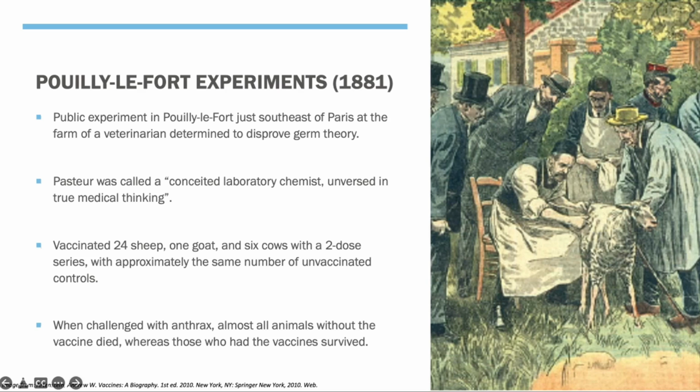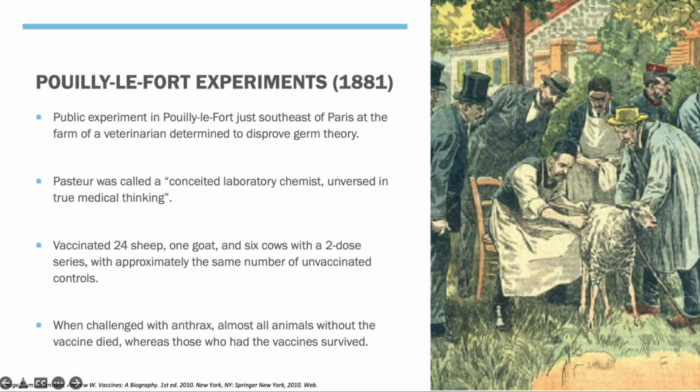But this is important context to know when this experiment happened in 1881 at the farm of this veterinarian. He actually vaccinated 24 sheep, a goat, and 6 cows with the 2-dose series of anthrax, with, of course, attenuated versions of the pathogen.